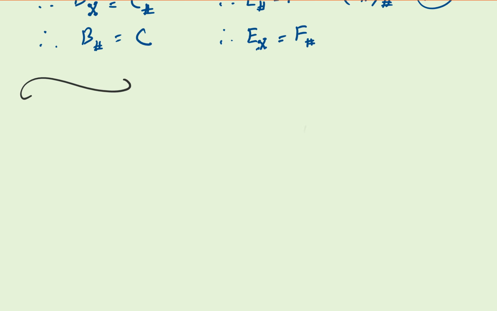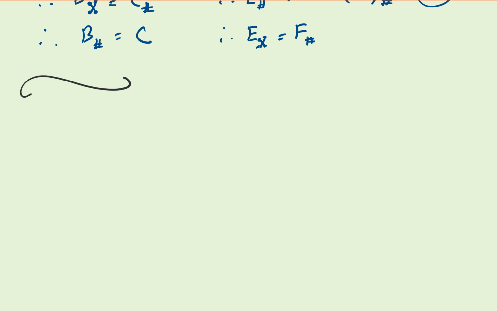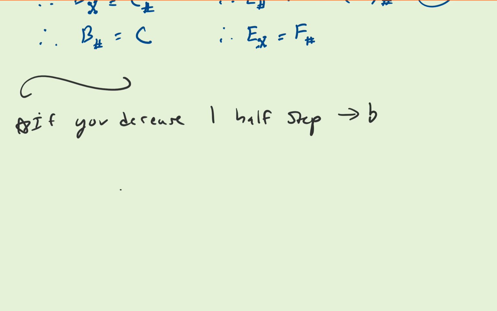So let us go in the backwards direction. Let's talk about flats now. So flats is if you decrease 1 half step. That's going to be a flat, which I'll abbreviate as so.